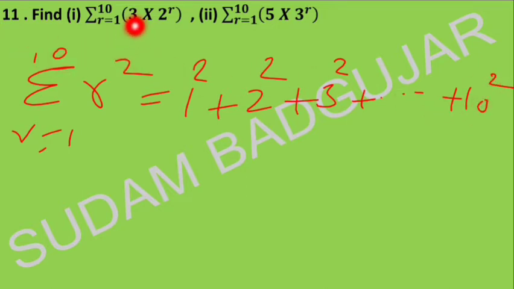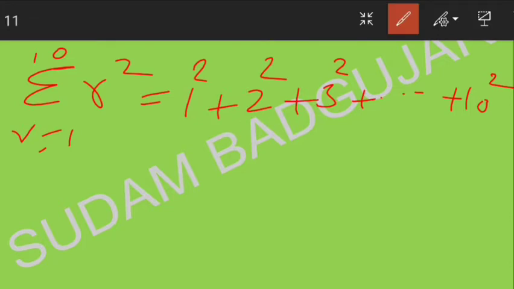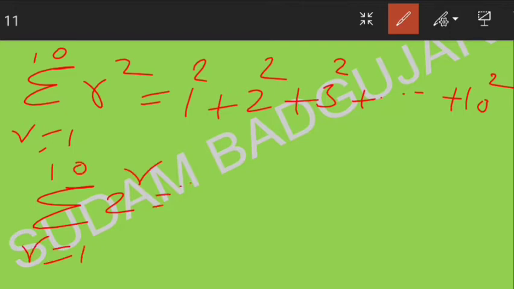Now in this question 3 is constant, you have to write 3 outside. In 2 raised to r, 2 is constant. The summation of 2 raised to r, r goes from 1 to 10, is 2 raised to 1 plus 2 raised to 2 plus 2 raised to 3 up to 2 raised to 10.